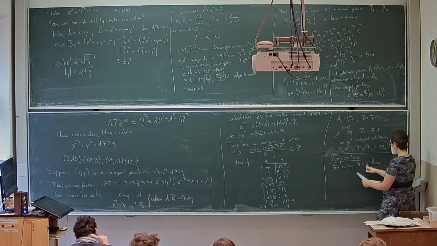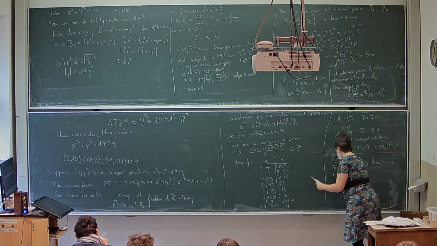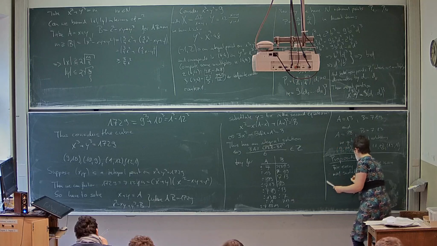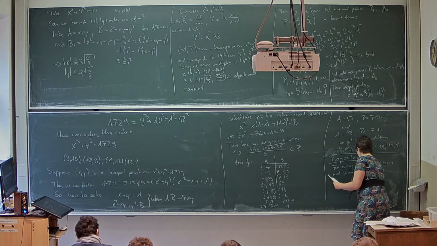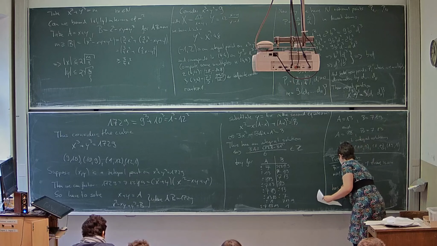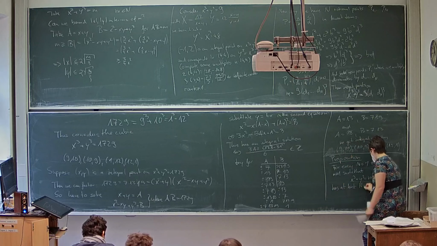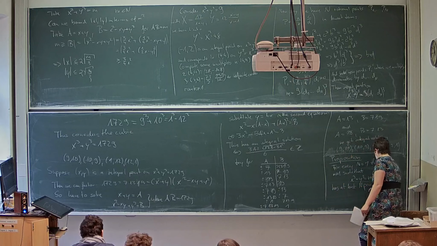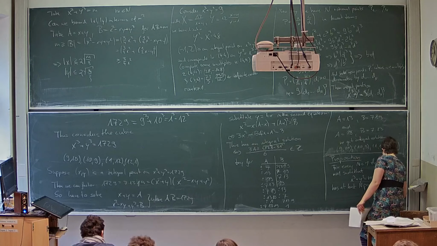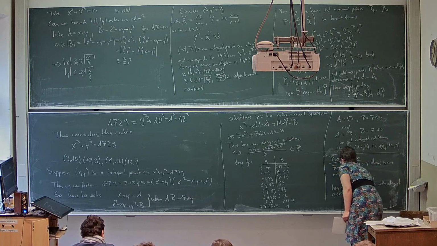So for every capital N at least 1, there is an M at least 1, such that this cubic has at least n points with integral coordinates.